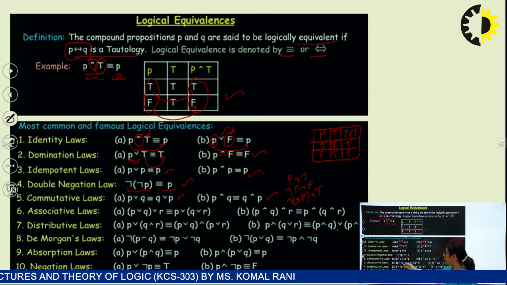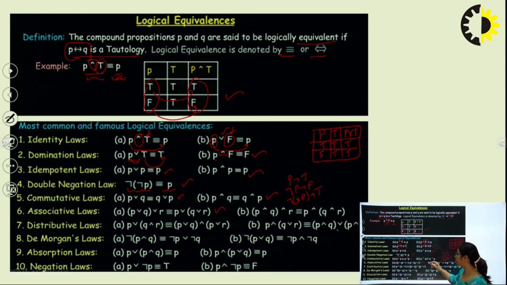P disjunction Q disjunction R: if you follow the associative law, there will be the same result. Thus these two statements are always equal in nature. Next, again, the distributive law. The distributive law says that these two operations must be different. If you use disjunction outside, inside there must be a conjunction.